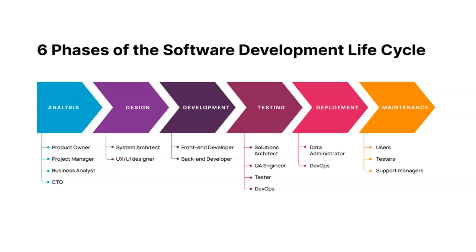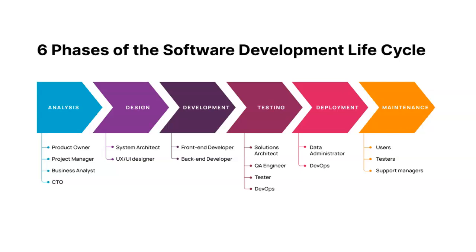Who will design? The system architect, using the UX UI designer concept. They'll be designing. Once designing is done and it is confirmed by the customer, then you'll go for development. When you develop something, you will have front end and back end as well. So in the development phase, we want a front end developer and a back end developer.